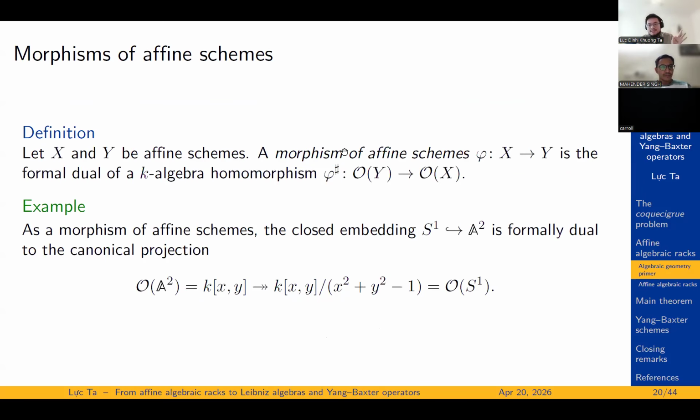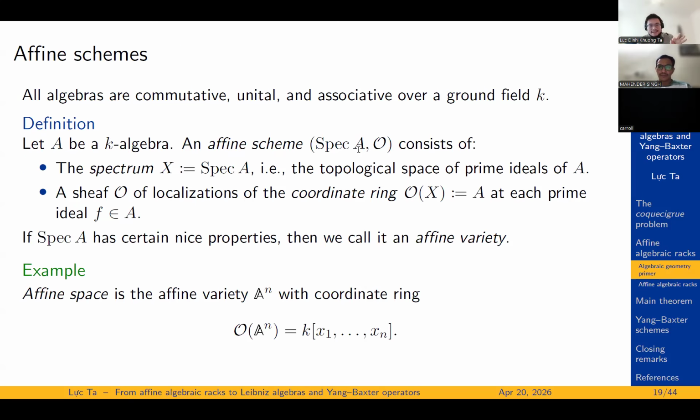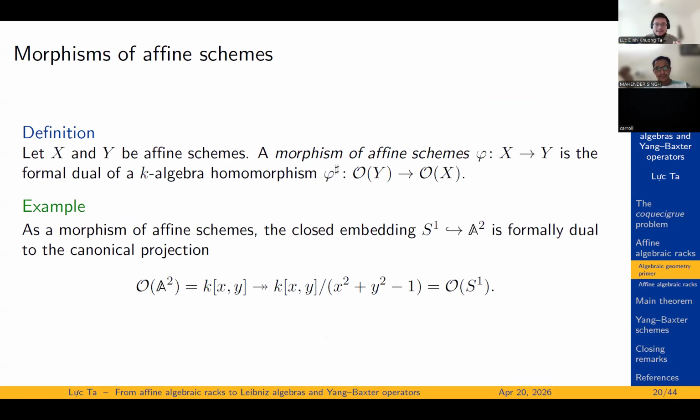Now, the guiding principle here is that the functor that sends an affine scheme to its coordinate ring, in other words, that sends Spec A to A, should be a contravariant equivalence of categories. That does turn out to be true. And you can define intrinsically what a morphism of schemes is, but for this presentation, we'll just define a morphism of affine schemes to be the dual of a k-algebra homomorphism between the coordinate rings.